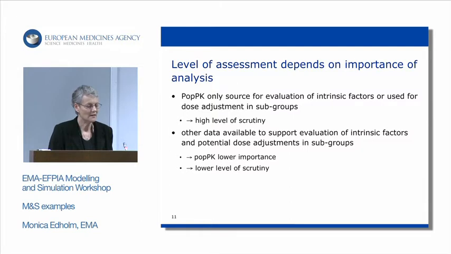But if there are other data available to support the evaluation of intrinsic factors and potential dose adjustments in subgroups, or if there are no dose adjustments based on this analysis, the population PK analysis will be of lower importance, and we therefore will not assess it in such great detail.